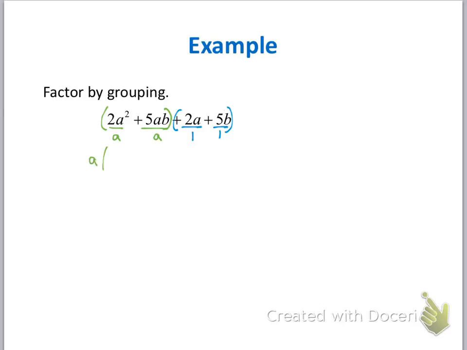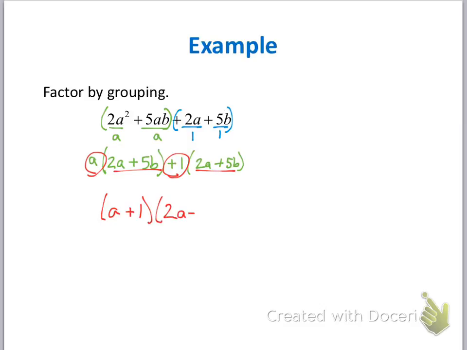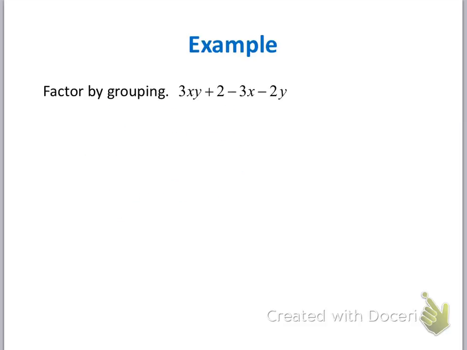I divide out by A, I get 2A plus 5B. I divide out by 1, I get 2A plus 5B. That was successful because whatever's inside the parentheses is the same. I'm going to smash together what's on the outside and rewrite one of the repeated. Let's try another one.